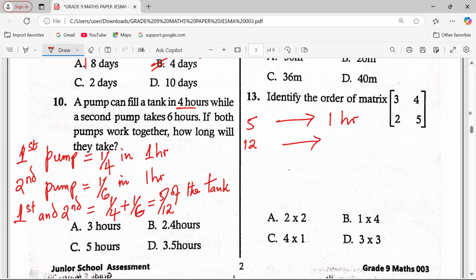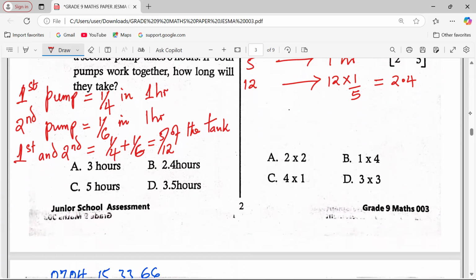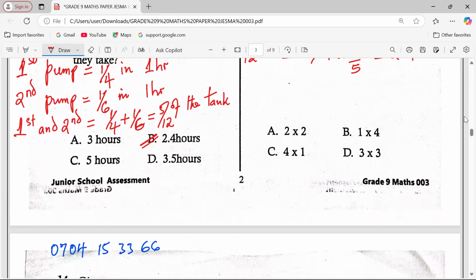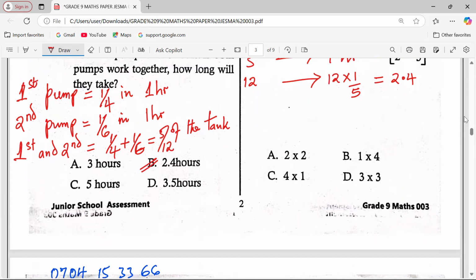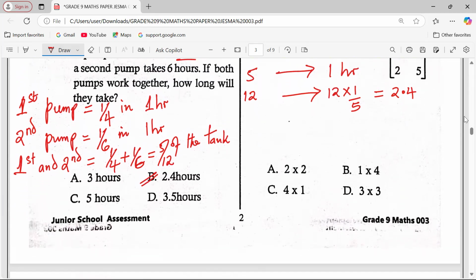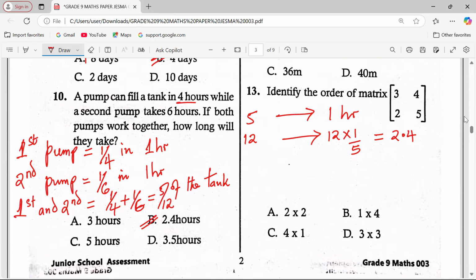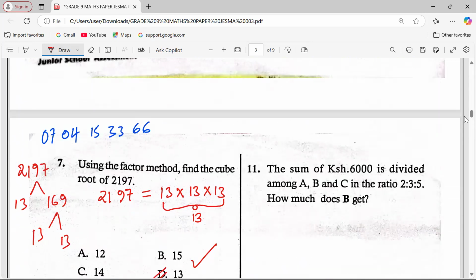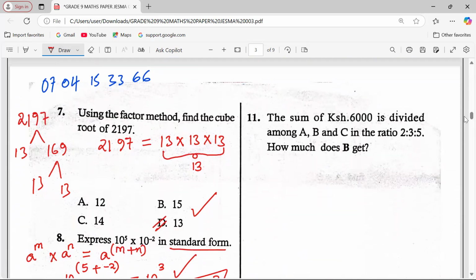What about the 12 proportions, which is the total capacity of the tank? It will be 12 by 1 out of 5. 12 out of 5 is the same as 2.4 hours. Yeah, 2.4 hours. So that is it. After number 10, we can check what 11 has.